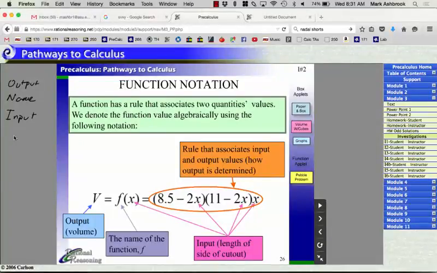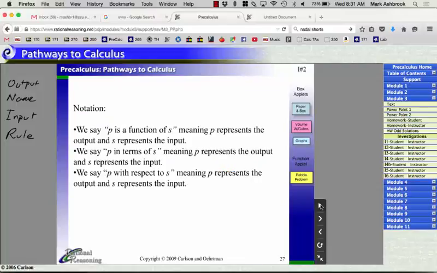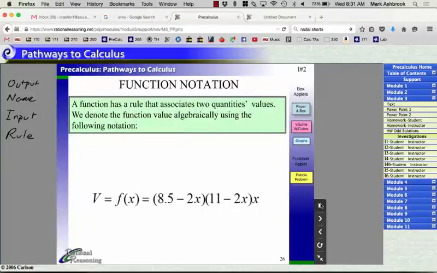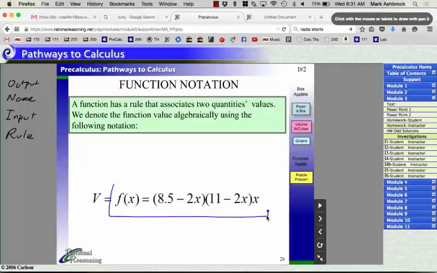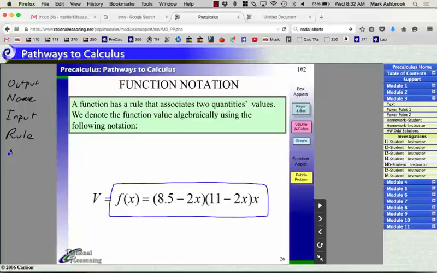And then we said there's the rule, of course. That's the formula we came up with. Okay, and then the whole thing is called the definition, the function definition.